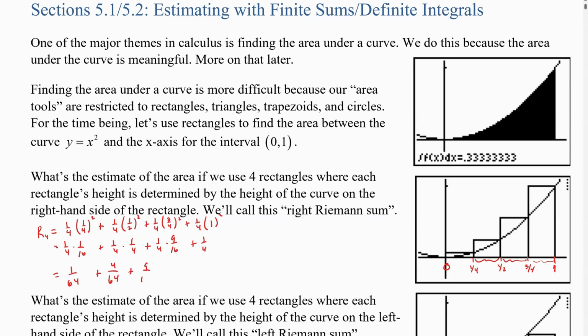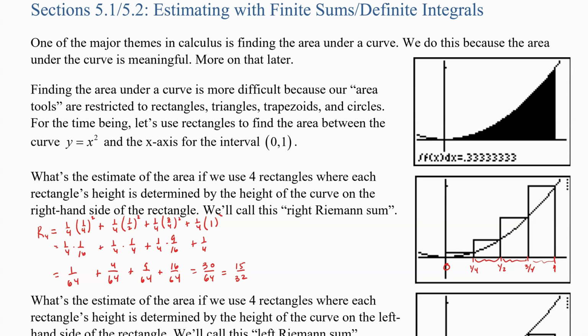And then how about 9/64? And then 1/4, and again, I want to write this in 64ths. 4 times 16 is 64, so 16/64. If I add that up, I get 1 plus 9 is 10, 4 plus 16 is 20, 30/64. If I reduce that fraction, I get 15/32. And there's my right-hand estimate.